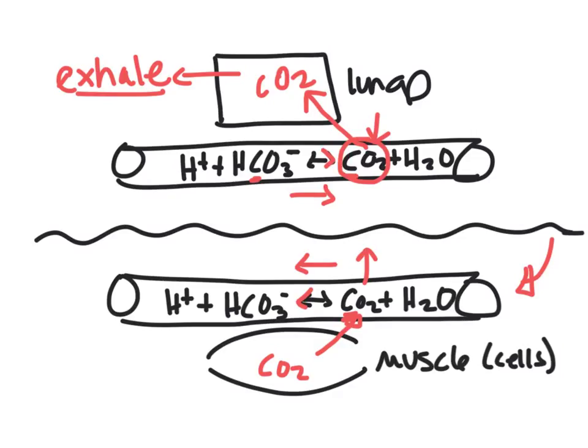I could have easily written it the other way around: CO2 plus water, hydrogen plus bicarb. So instead of memorizing that it shifts right or left, just think about what's happening, which side is rising or dropping, and how this reaction needs to shift to fix the equilibrium.